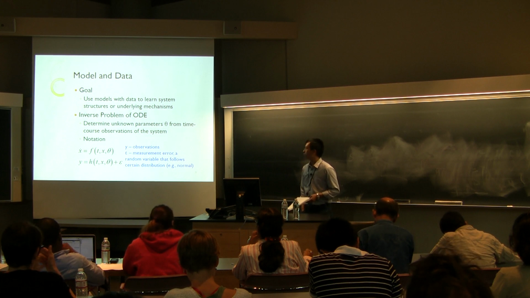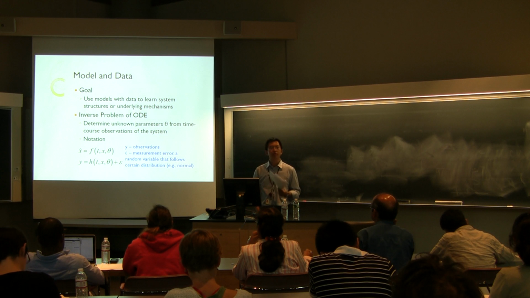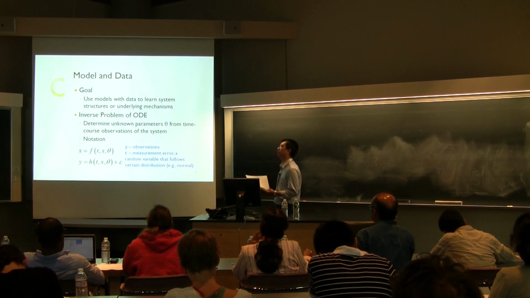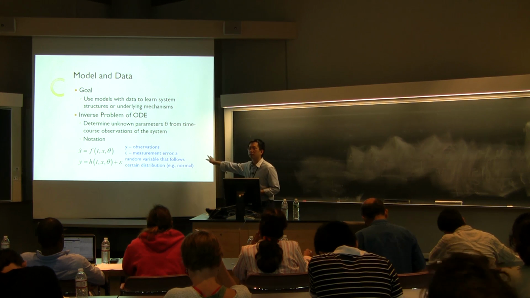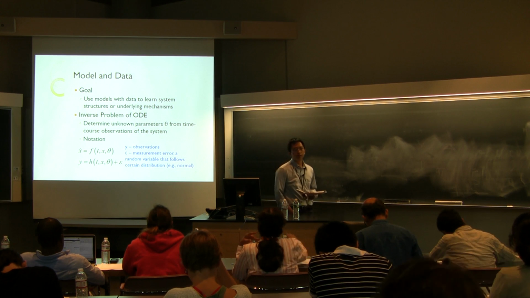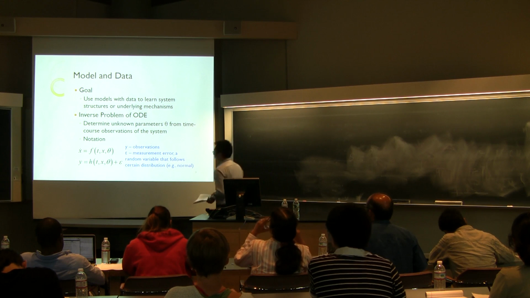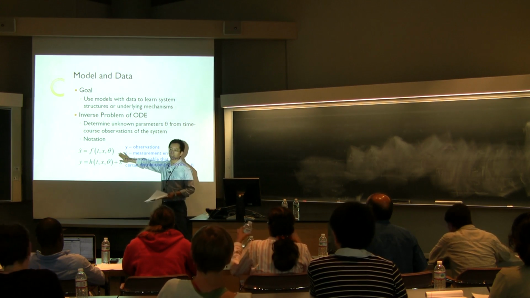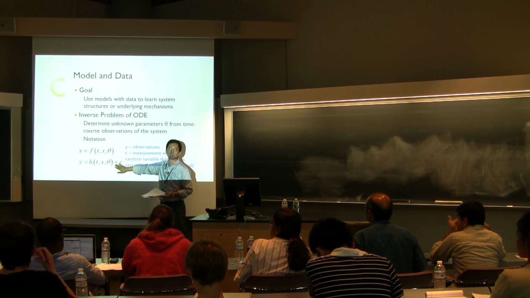It is a random variable, so it must follow a certain distribution, although most of the time we don't know what the exact distribution is. We usually assume this distribution is normal if we have enough sample size. Usually we call this one a mechanism model or mathematical model, and we call this one a data model, okay.